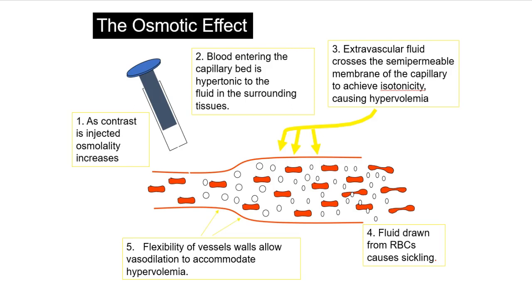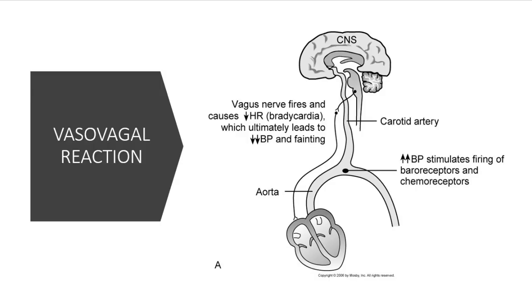So fluid is drawn from the red blood cells, causing sickling. I'm not sure exactly what that means, but it causes them to become dehydrated. So flexibility of the vessel wall allows vasodilation to accommodate hypervolemia.